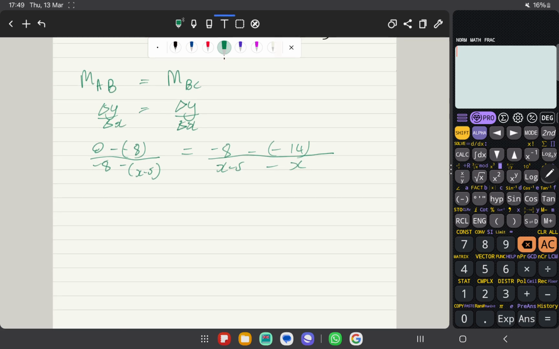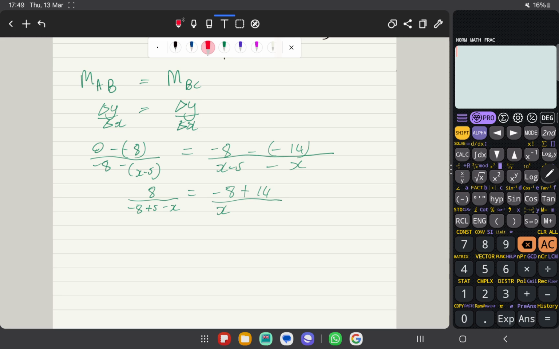If I make no mistakes, trust me, you're going to get the right answer. Negative and negative gives positive. So you have -8 on this side, plus 5 minus x. On this side you have -8 plus 14, and x.